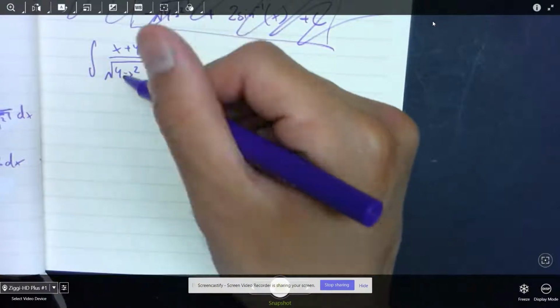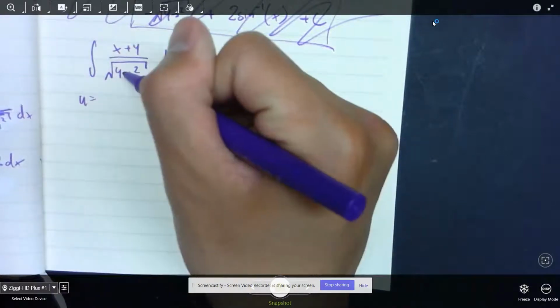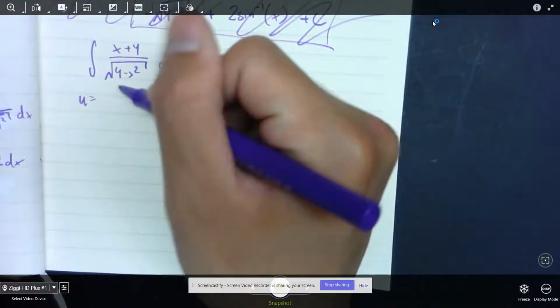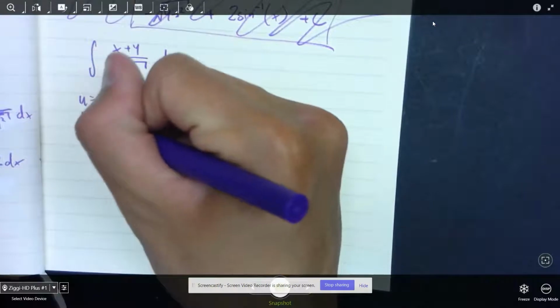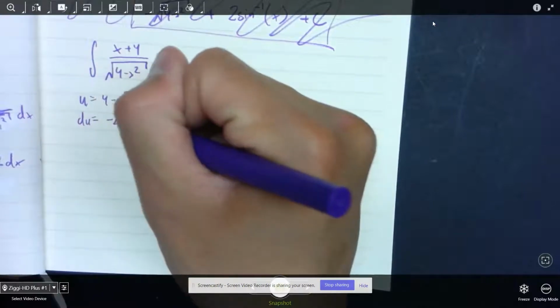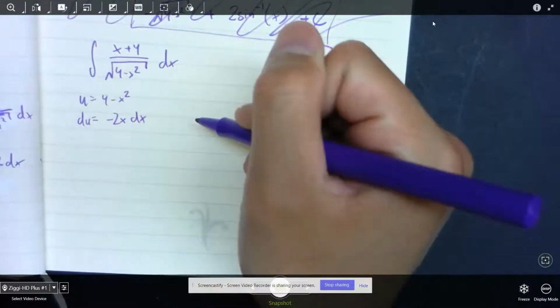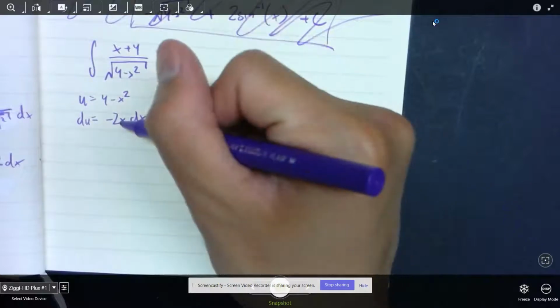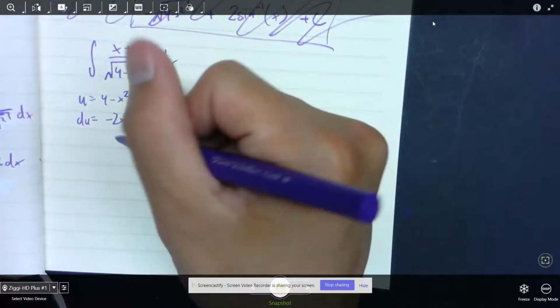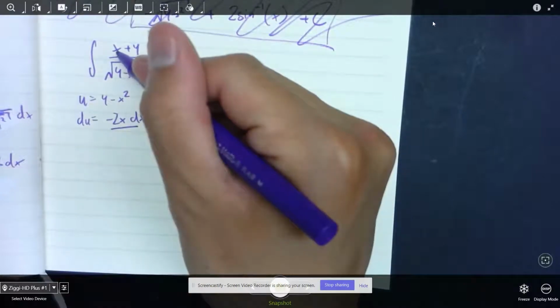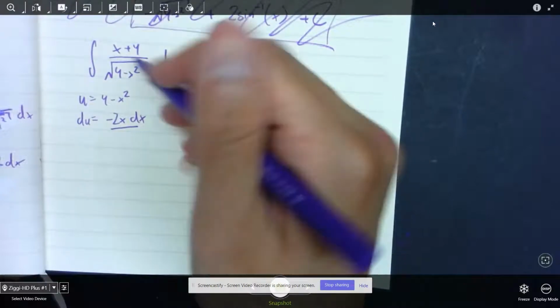So I'll just make u whatever we're taking the square root of on the bottom, so it'd be 4 minus x squared, okay? U, and the du would just be negative 2x dx. All right, looks good so far. I have an x at the top, and I have a dx right here. So all I would have to do now to make it look more like x and dx is divide both sides by negative 2.